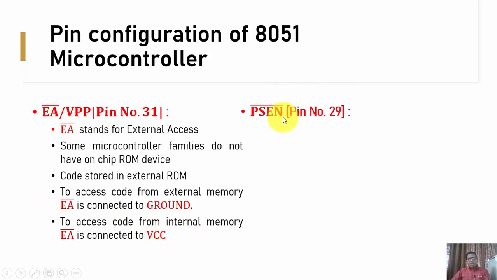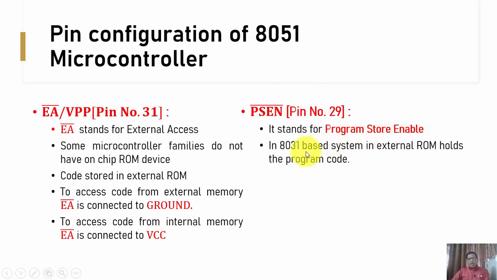The next is PSEN bar, that is pin number 29. PSEN stands for Program Store Enable. As discussed, 8031-based systems use external ROM to hold the program code, as the internal ROM is absent in the case of 8031.